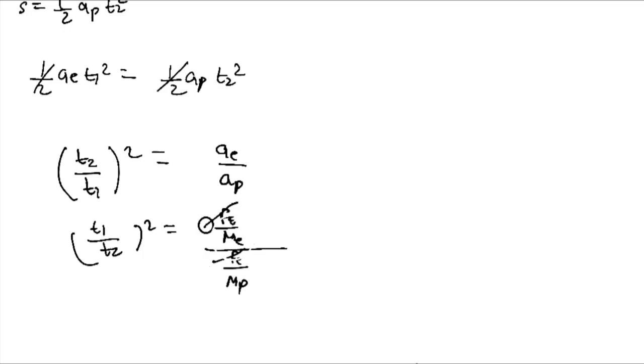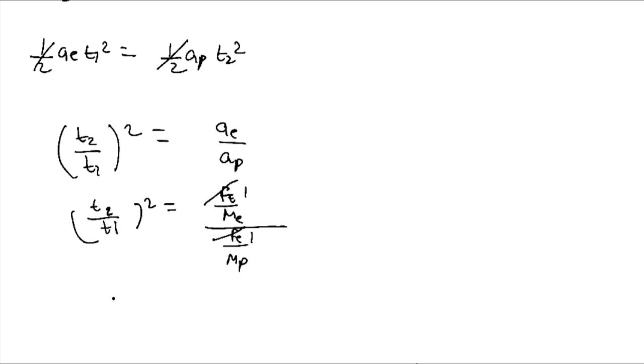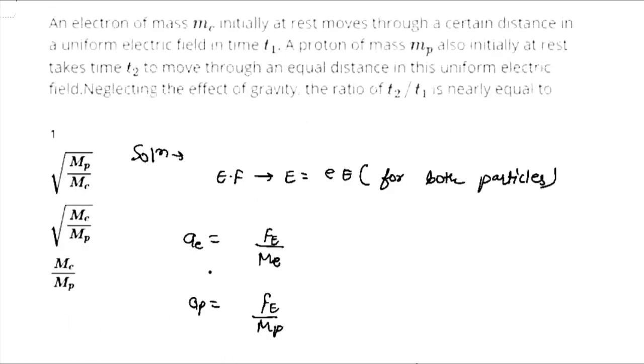So Fe will get cancelled out. Sorry, it is t2 upon t1. So from here we can clearly find out the ratio of t2 upon t1 will be equal to whole under root mp upon me, and this is our answer. So in the options it is whole under root mp upon me. This is our answer.